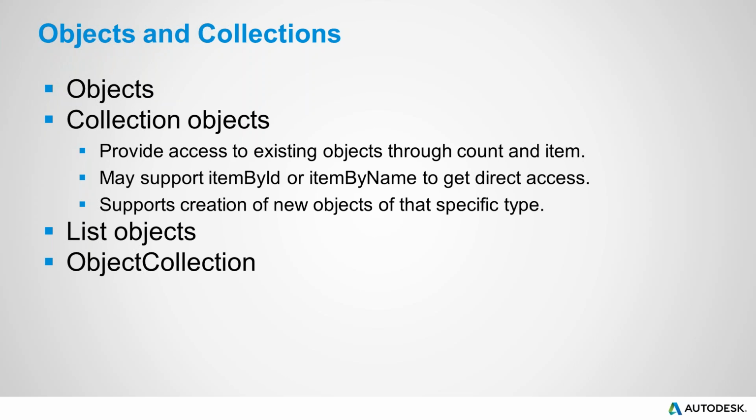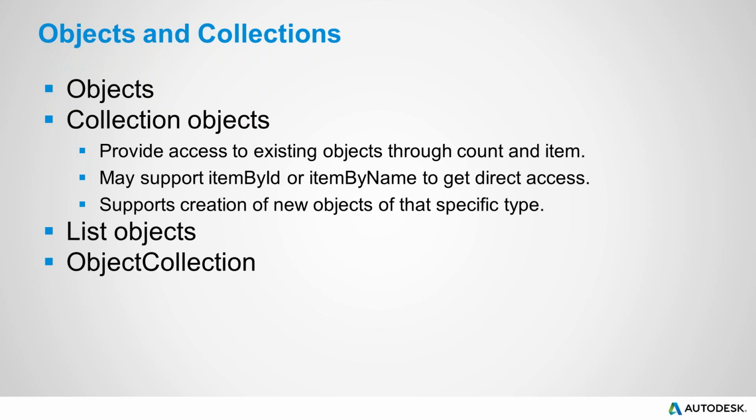There's also an object called object collection. So again, it's a collection object. It supports item and count, and this one is used quite a bit in the API in places where you're calling a function and one of the arguments requires more than one thing.